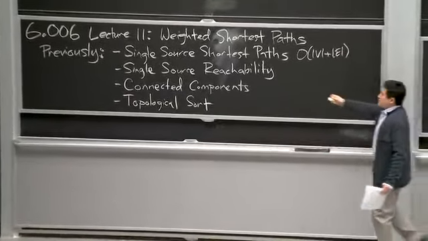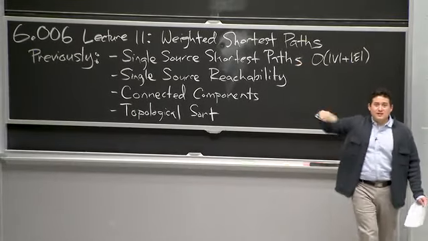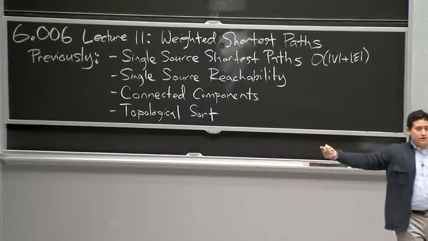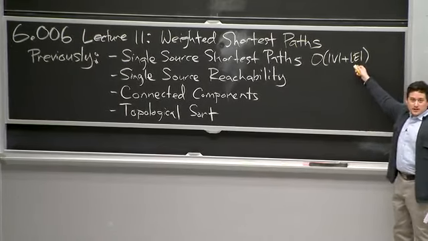For the special case of single source reachability, here we had to return a shortest path distance for every vertex, and there were at most E things reachable from a vertex.